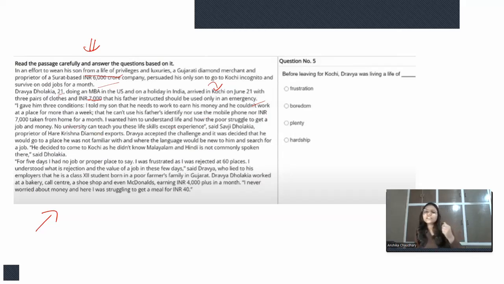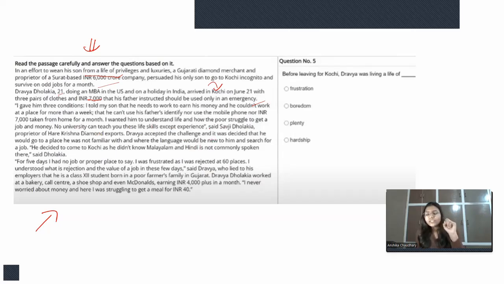So there are 3 conditions: one place, 7 days for a job, and he would not tell that his father is that rich man or Gujarati diamond merchant, etc. So he cannot use the identity of his father for getting a job or for getting some money or something like that.